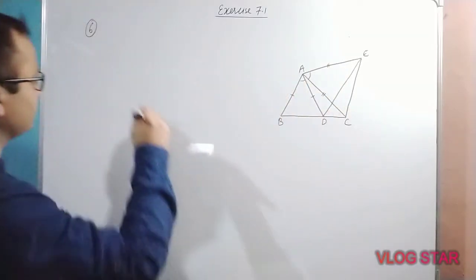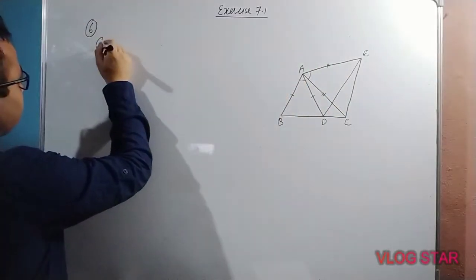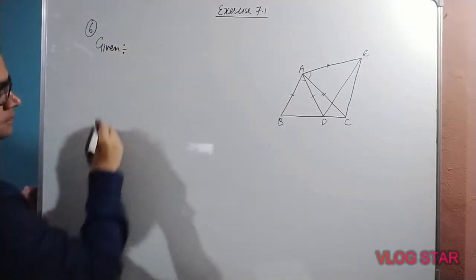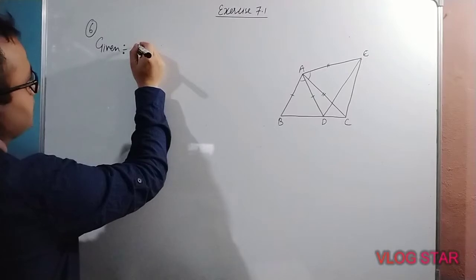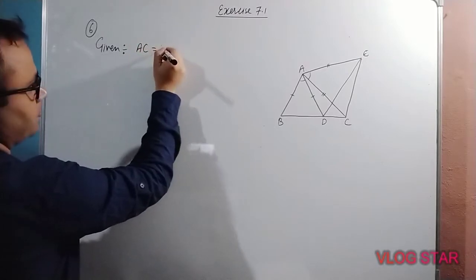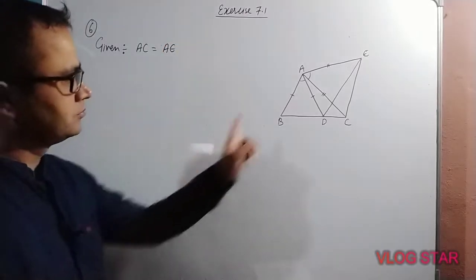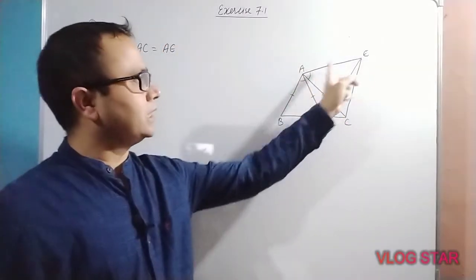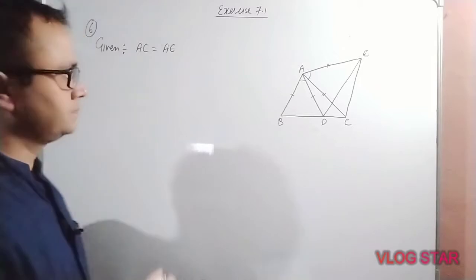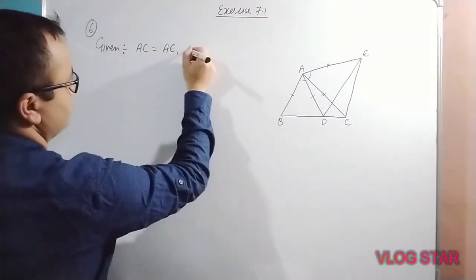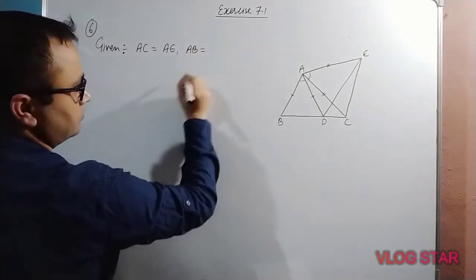So it is given that AC equals AE, and AB equals AD.